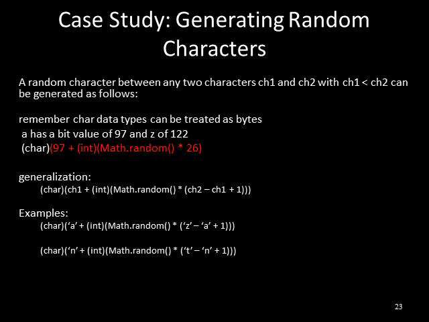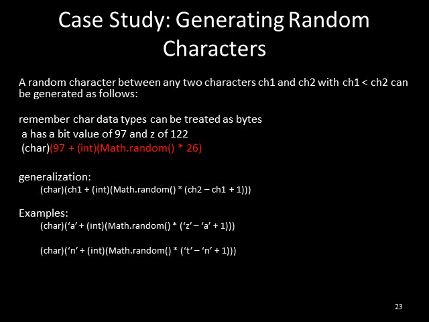Well, Java has this ability to treat a character data type as if it were a byte, an 8-bit number, since characters are 8-bit. And if we look at our lowercase characters, lowercase a has a numeric value of 97.